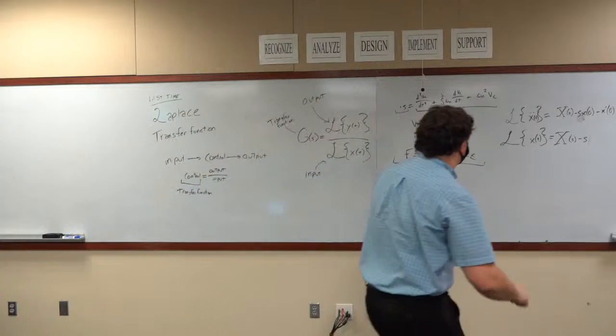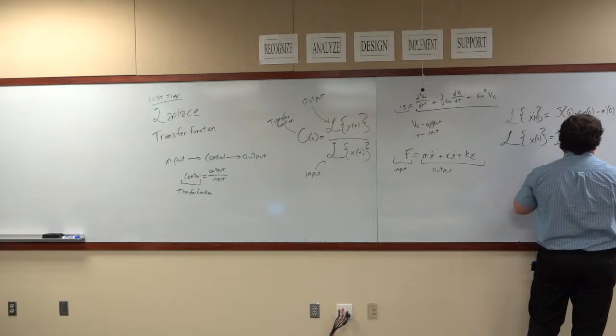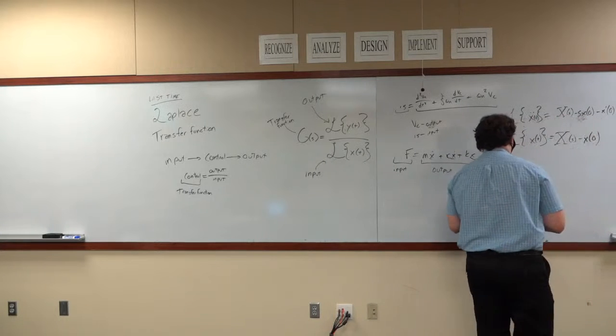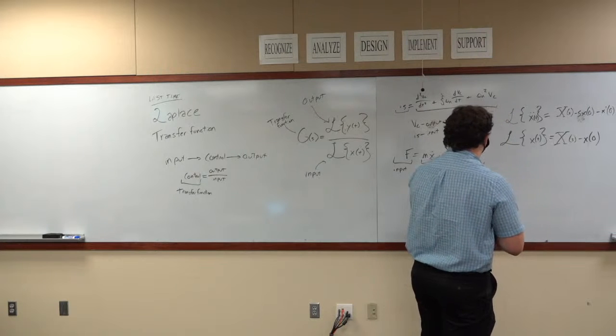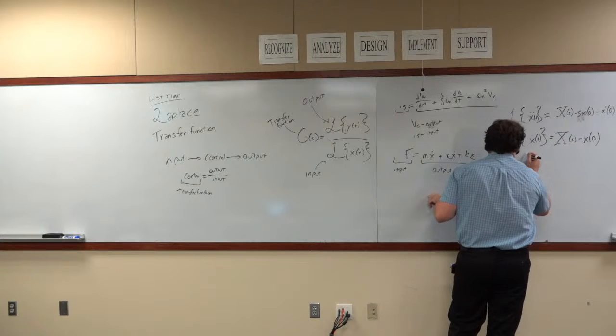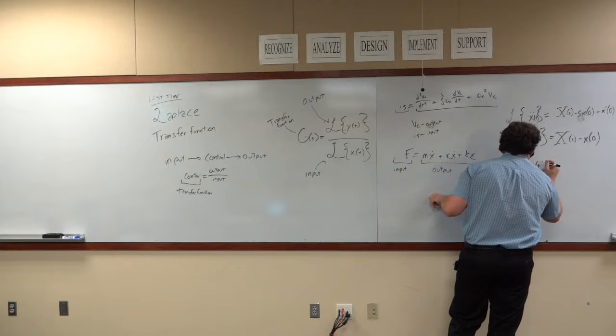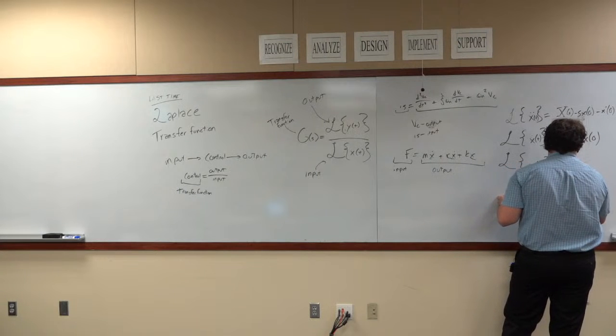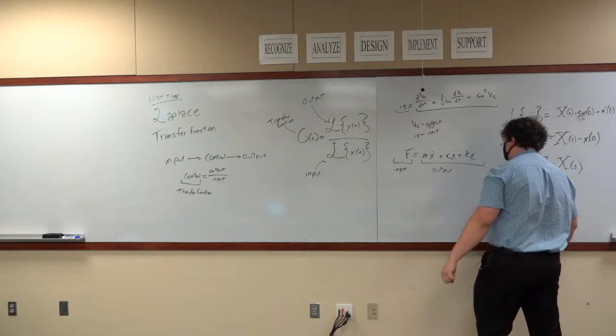Yep, this is just minus x at 0. And then of course we've got the Laplace transform of x of t is just equal to X as a function of s.